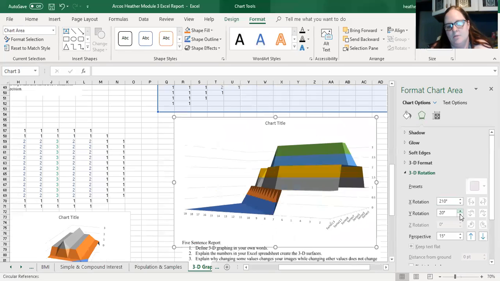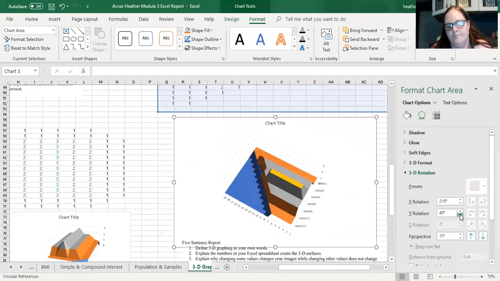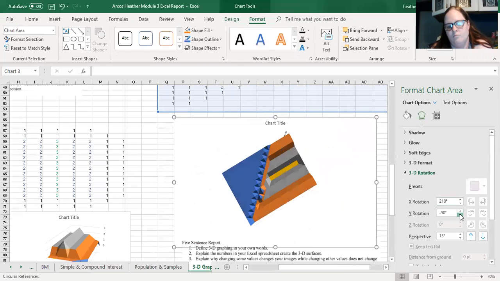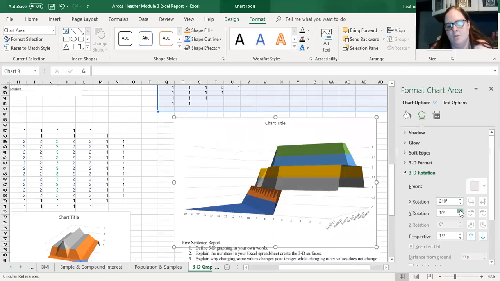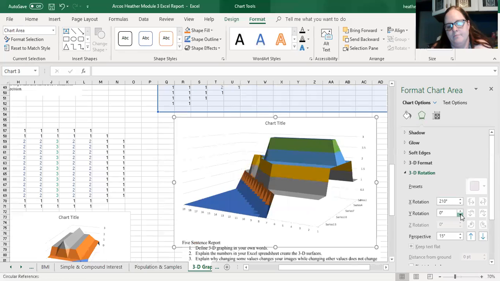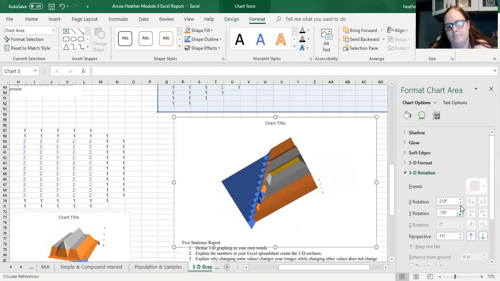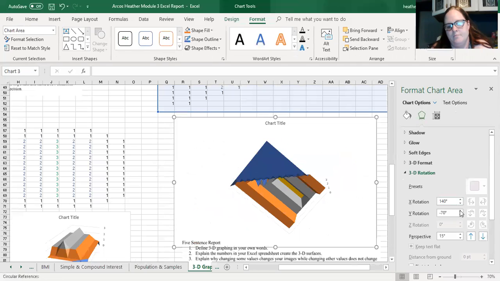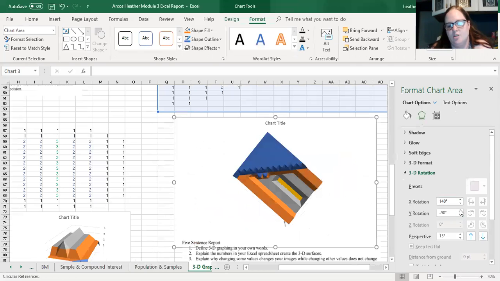And watch as we, oh, wrong way. Oh, that was the bottom part. Looks like stairs.